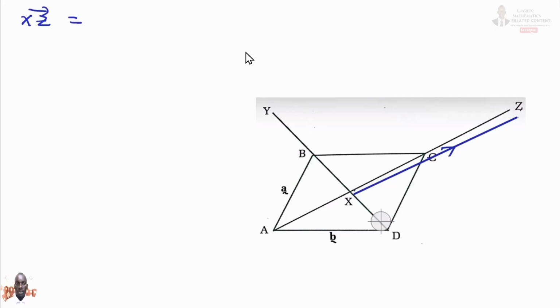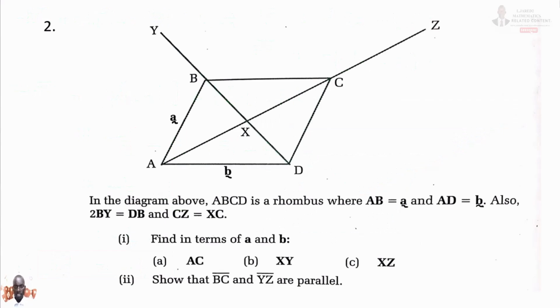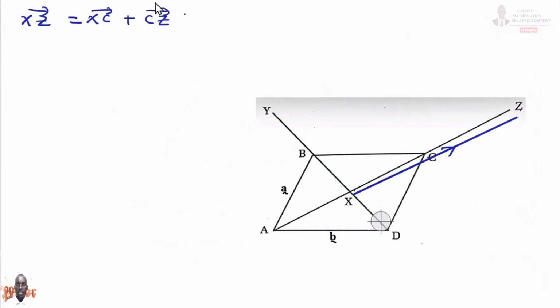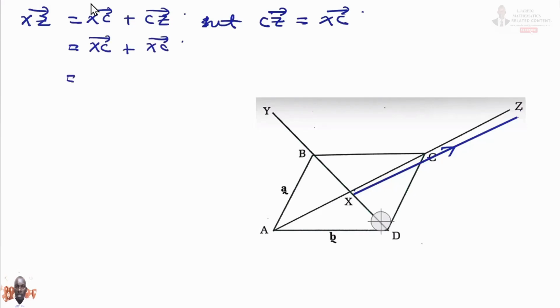So it means that vector XZ equals vector XC plus the vector CZ. But from the question, they gave us that vector CZ equals vector XC. Therefore, it means that vector XZ equals vector XC plus vector XC, means that we have 2 vector XC.